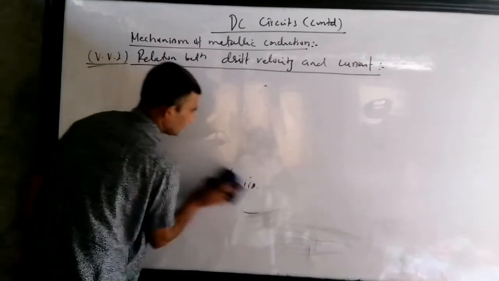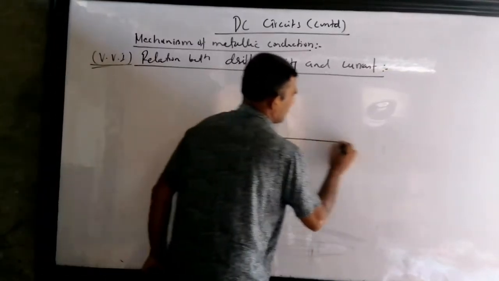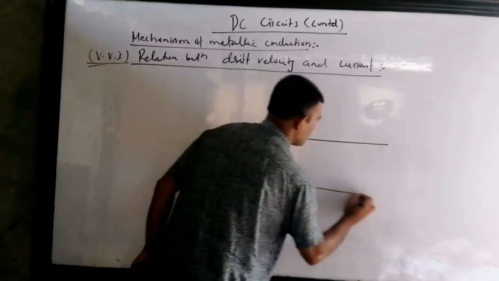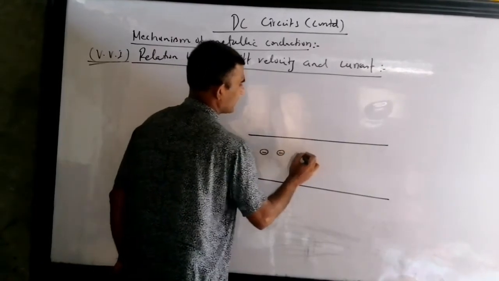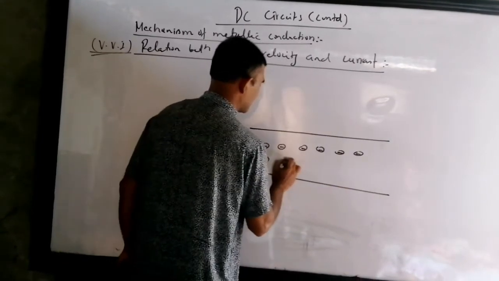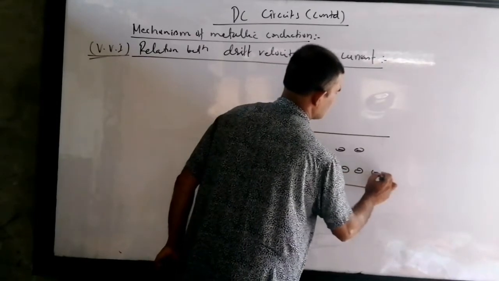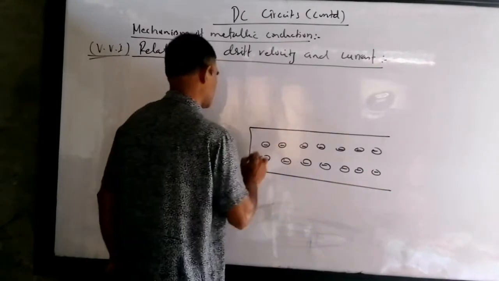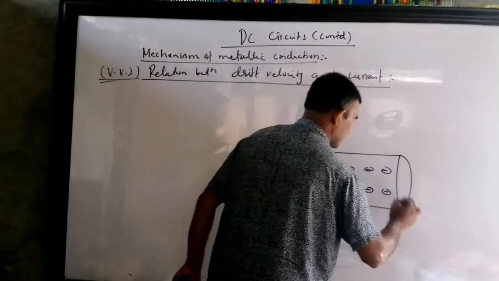Now let me make this magnified figure. This is a thick, small wire, and I make a few electrons only. I told you there are billions of electrons, I can't draw all of those. Now, there is no electric field applied, meaning we are not connecting any battery.